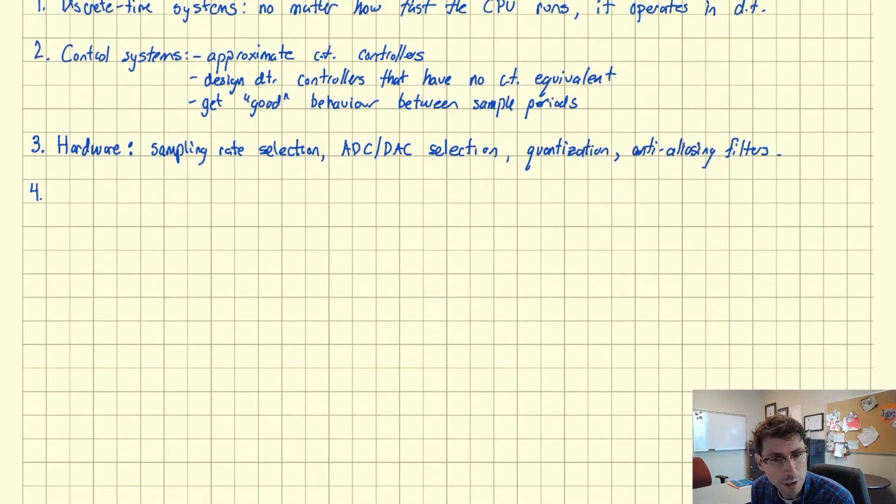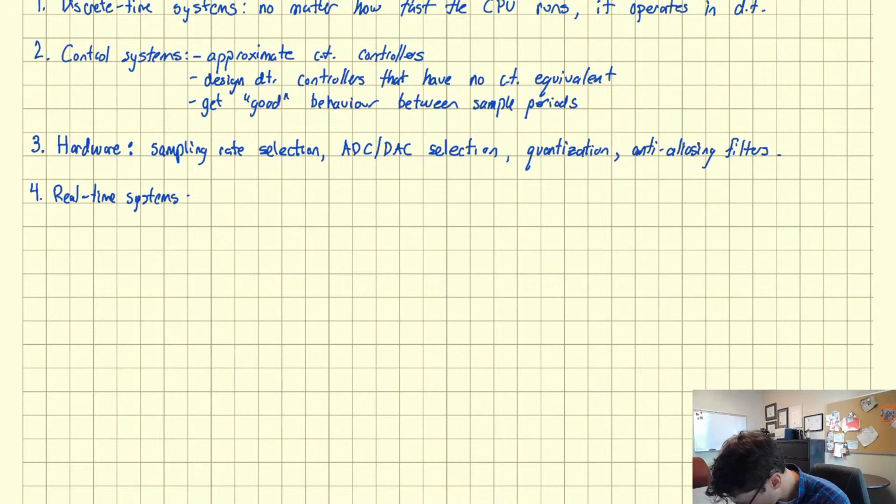And finally, you need to know a little bit about real-time aspects, right? So real-time systems. So scheduling of the operating system, right? Typically the computer is not just doing control, it's doing other things like data acquisition, maybe updating information for the human-machine interface. So it's doing other things, right? So it has to schedule time to update those control signals. So scheduling plays a role. So thread priorities.